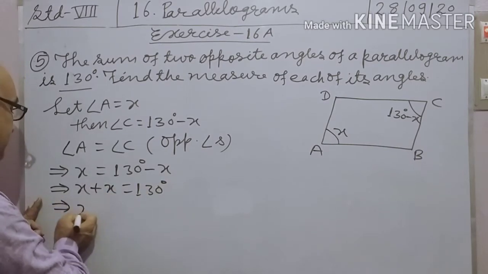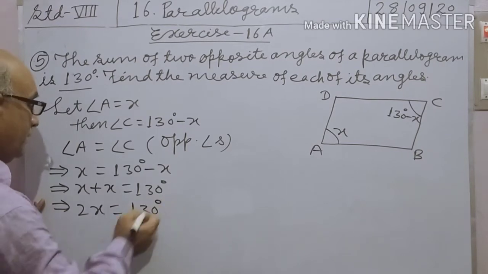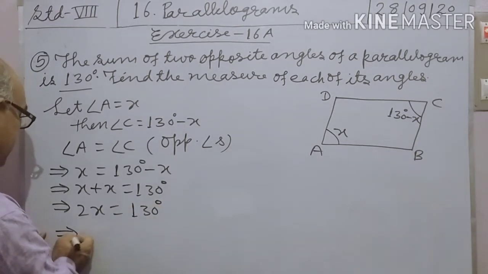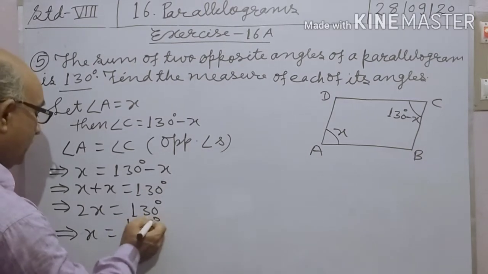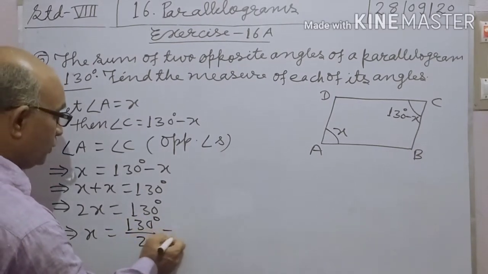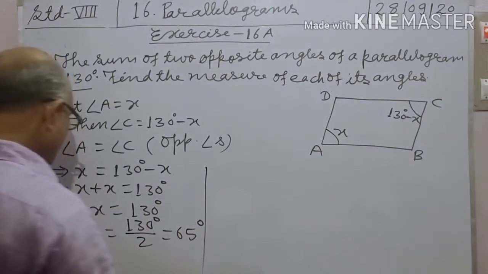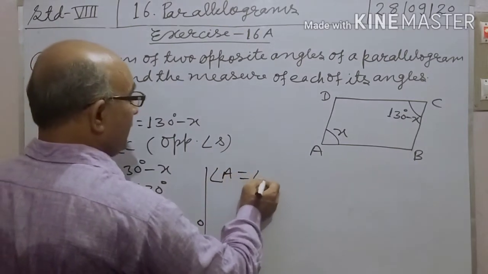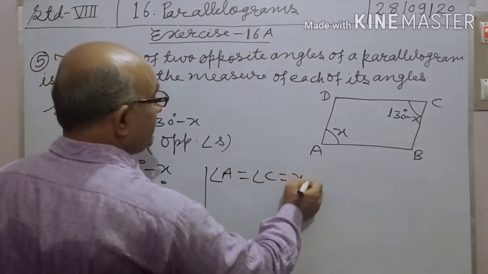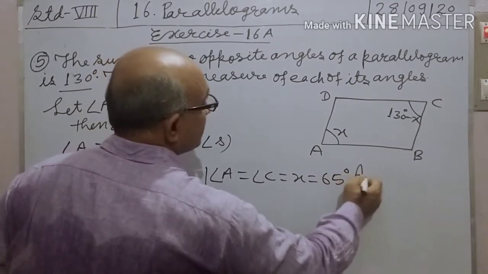That implies 2x equal to 130 degrees. That implies x equal to 130 degrees by 2. That means 65 degrees. So angle A equal to angle C equal to x equal to 65 degrees. Answer.